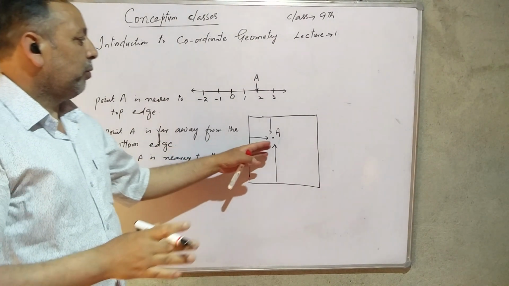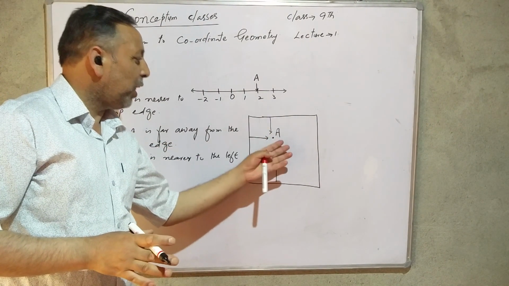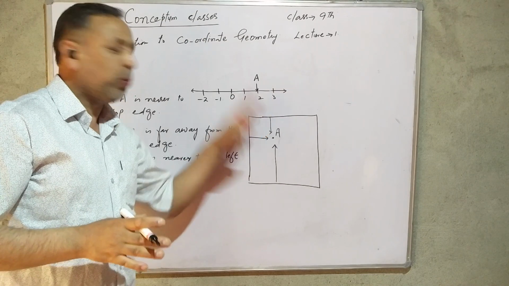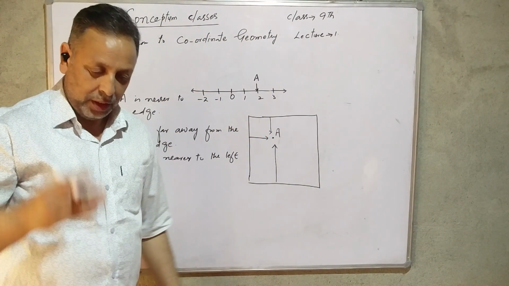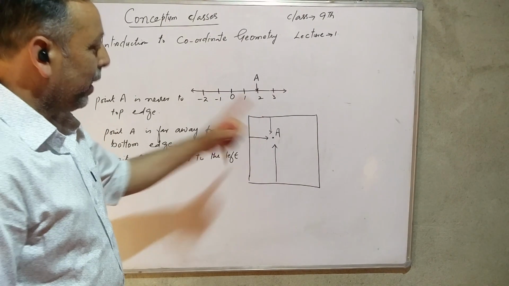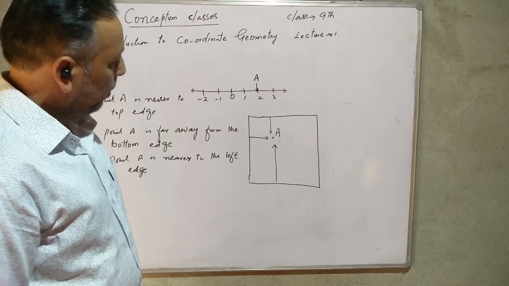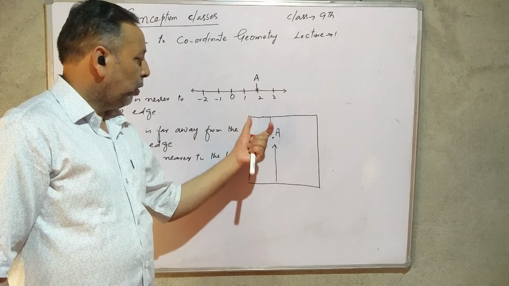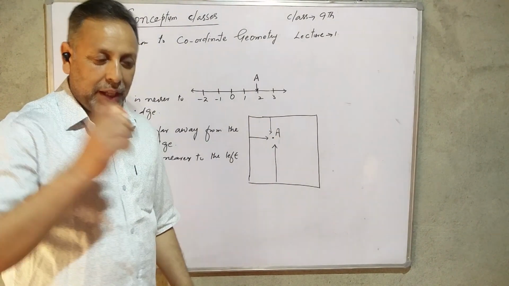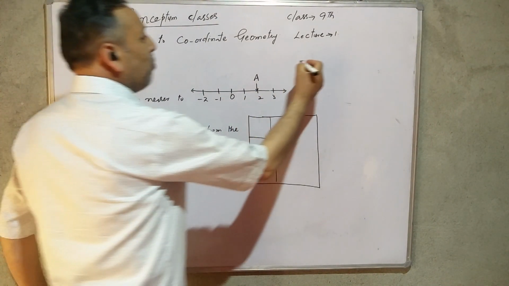they do not give the position of A. They do not fix the position of A. Then how to fix the position of A in a plane? This problem was solved by a French mathematician.